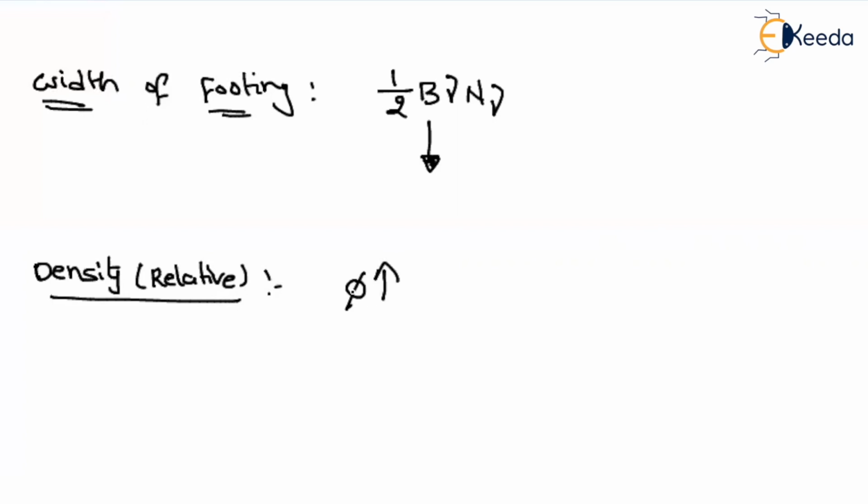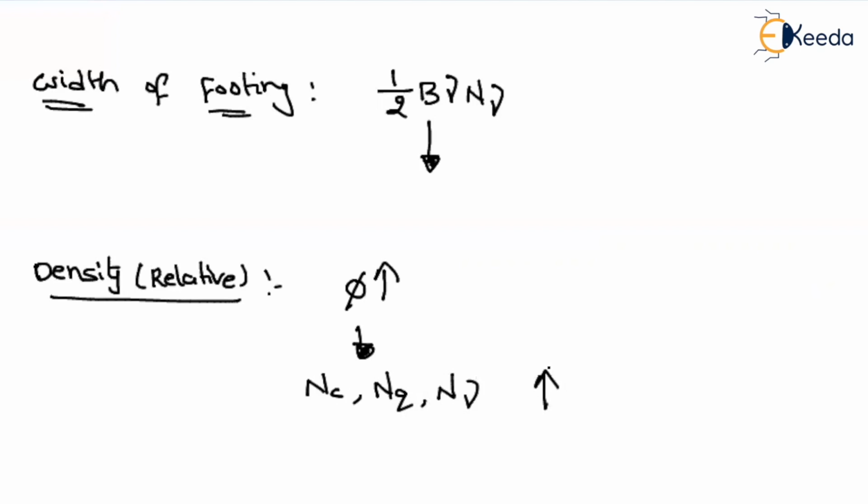How does the phi value affect the ultimate bearing capacity equation? Have you seen any phi term in the equation? No. But depending upon the phi value, how many terms are dependent? Your Nc is dependent, your Nq is dependent, and N gamma is also dependent. If your phi value increases, then these terms will also increase.